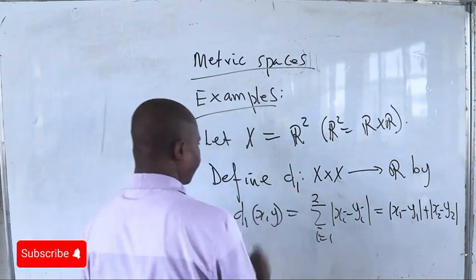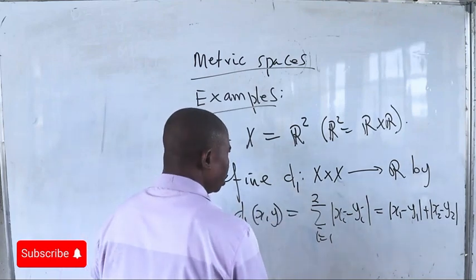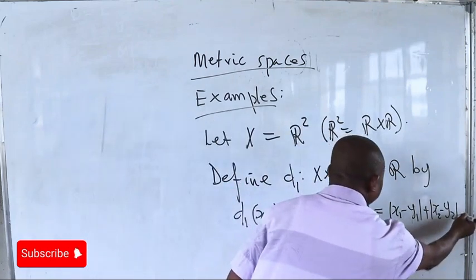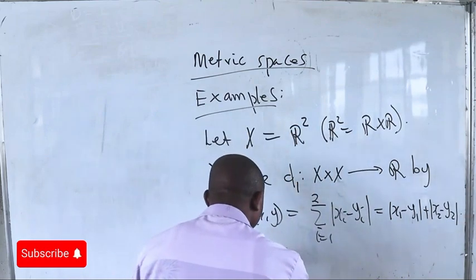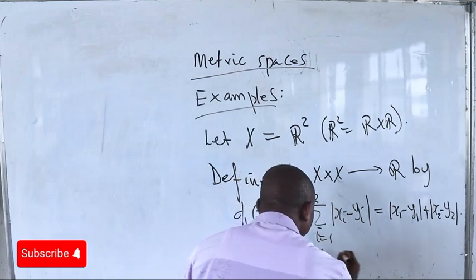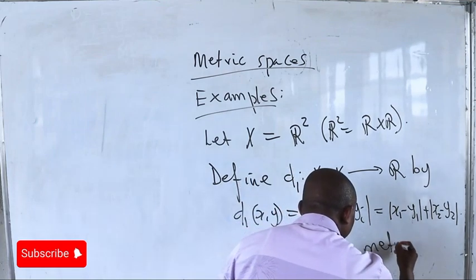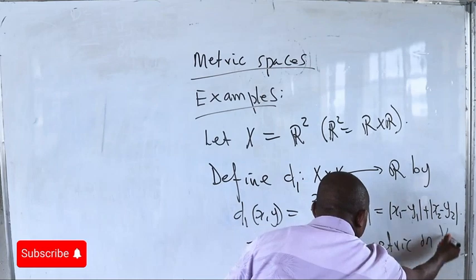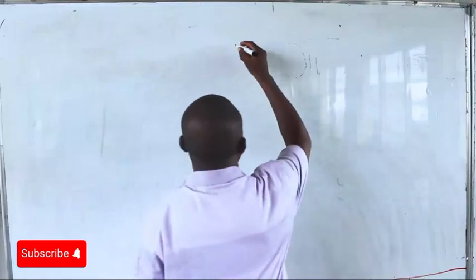So if I define this function D1 in this form, then the claim is that D1 is a metric on capital X. Okay?